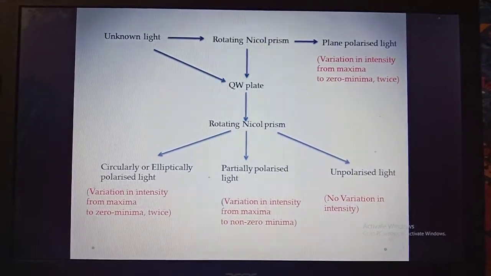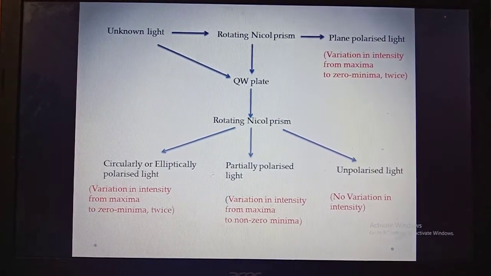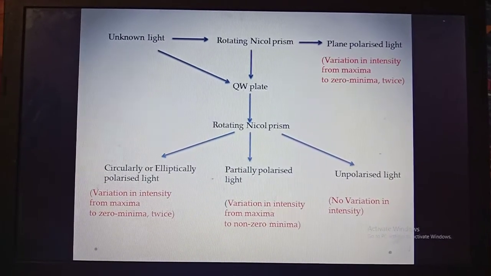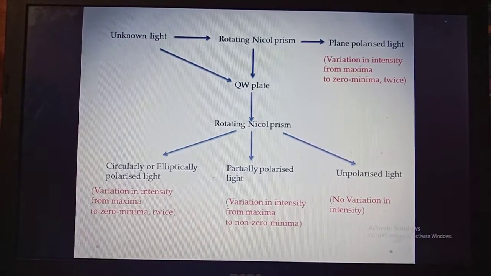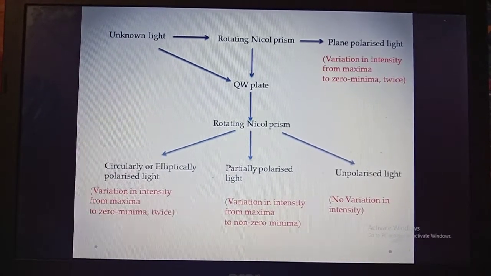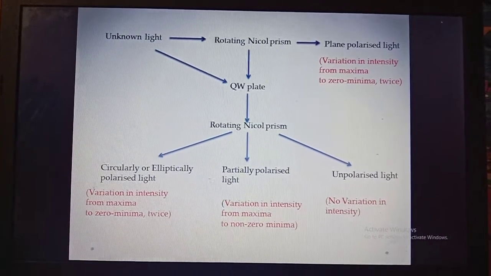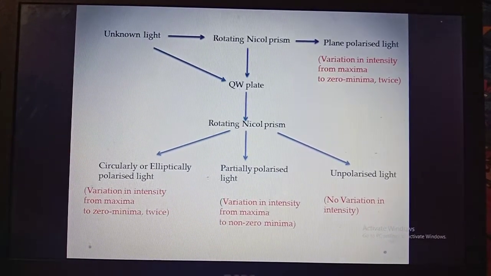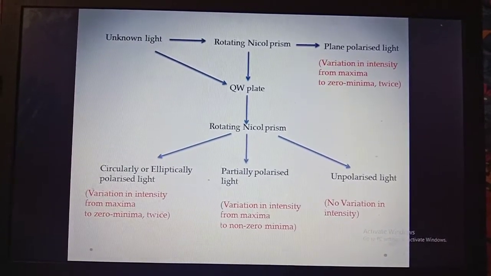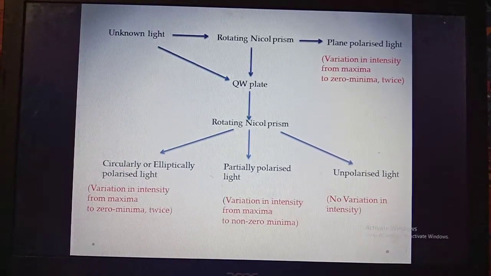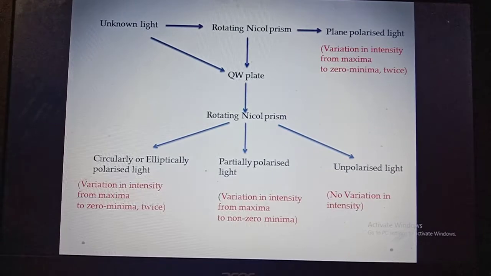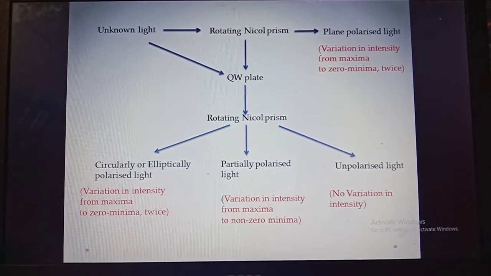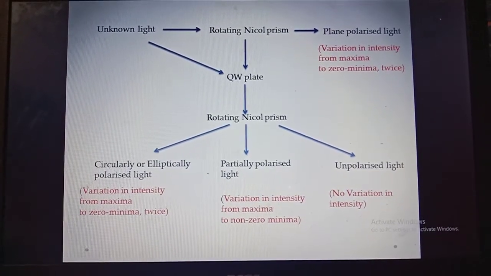If the amplitudes of the two plane polarized lights are the same, that means the unknown light is circularly polarized light, and if the amplitudes are different, then the unknown light is elliptically polarized light. In this way, we detect the unknown light and find the types of the polarized light.